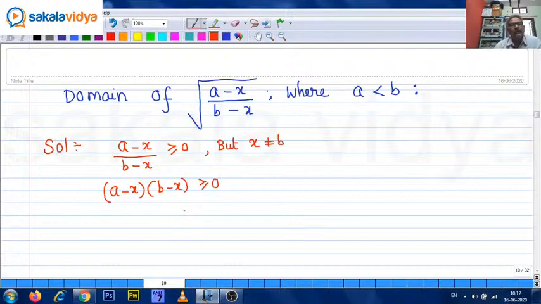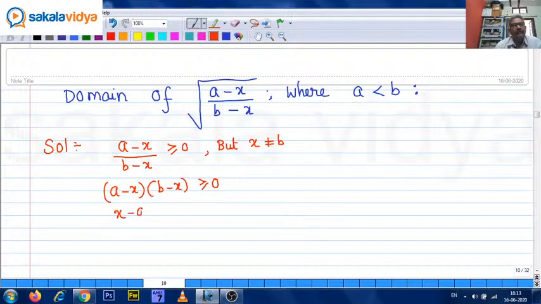So now a minus x and b minus x, greater than 0. Multiply with minus sign. What do you get now here?